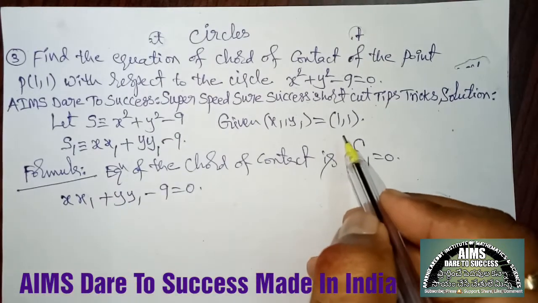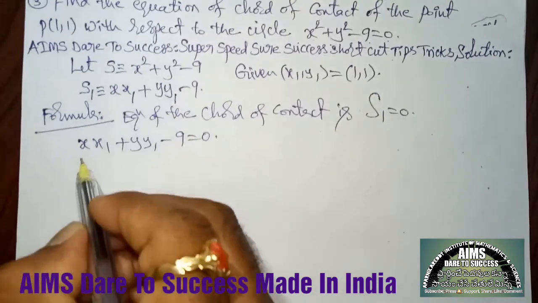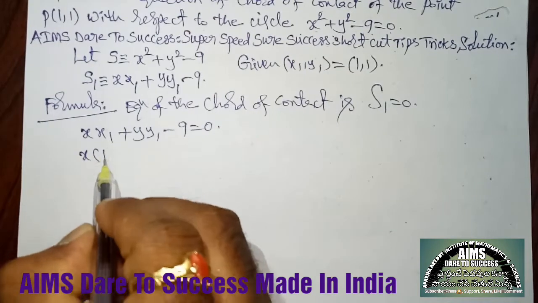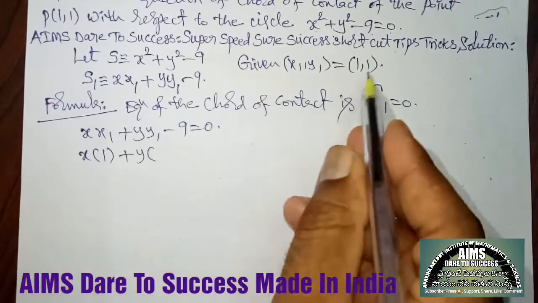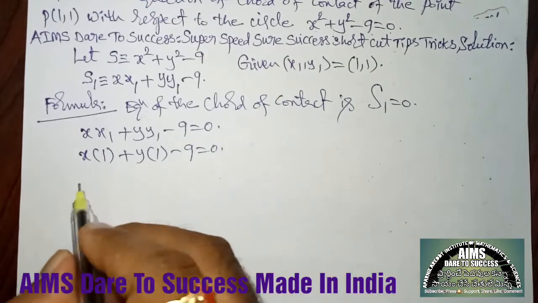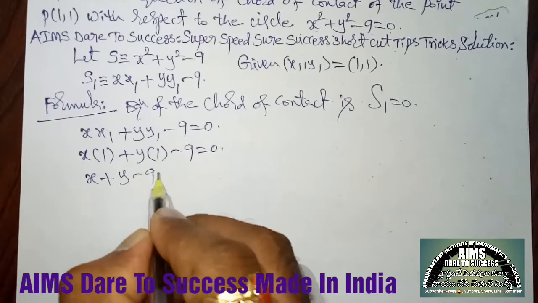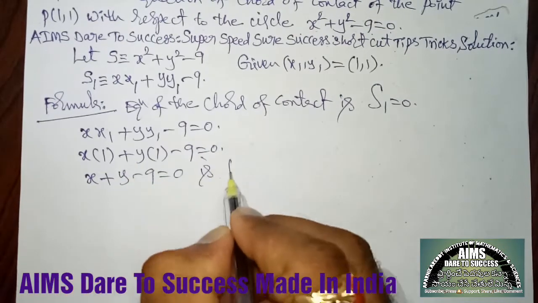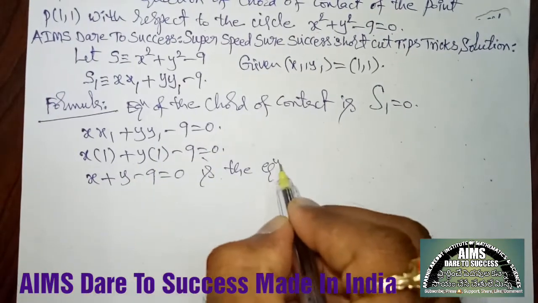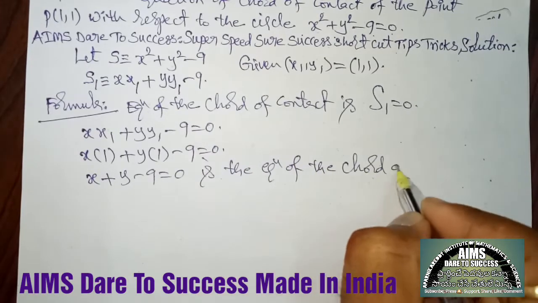According to the given question, the point is 1 comma 1. Substituting here, we get x into x1 value 1 plus y into y1 value 1 minus 9 is equal to 0. One time of x is x plus one time of y is y minus 9 is equal to 0, is the equation of the chord of contact.